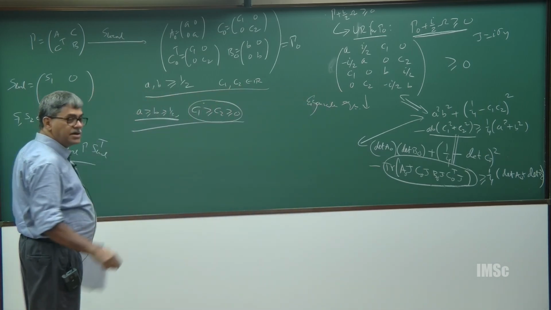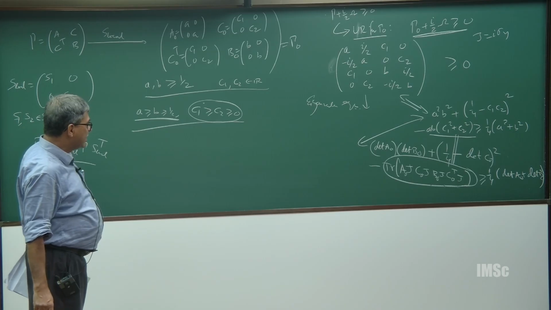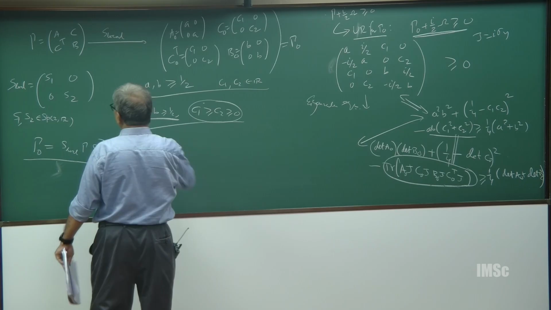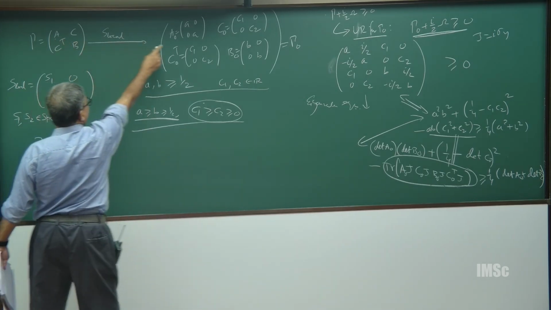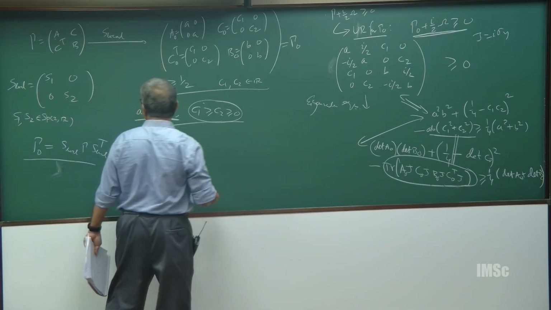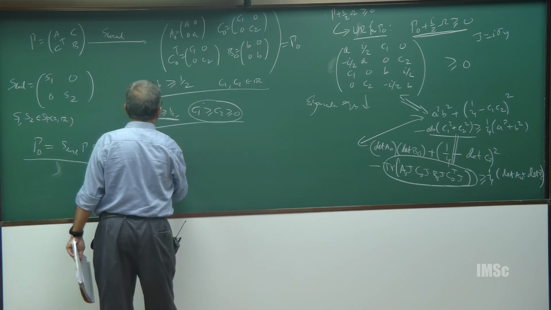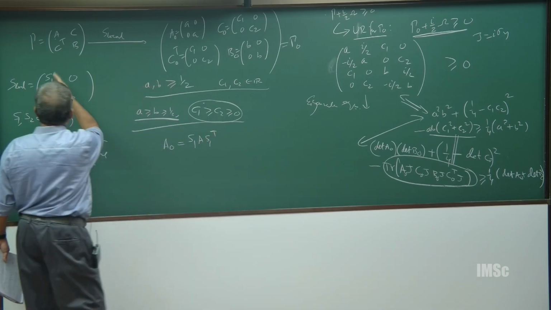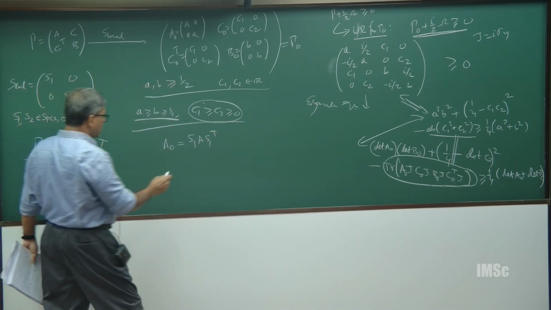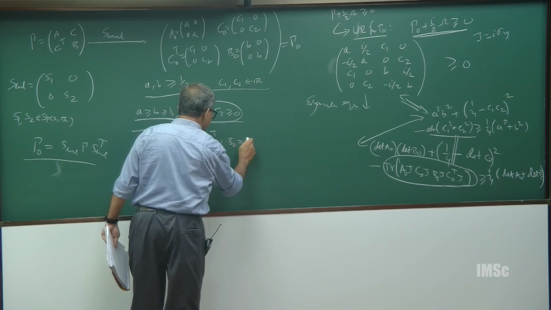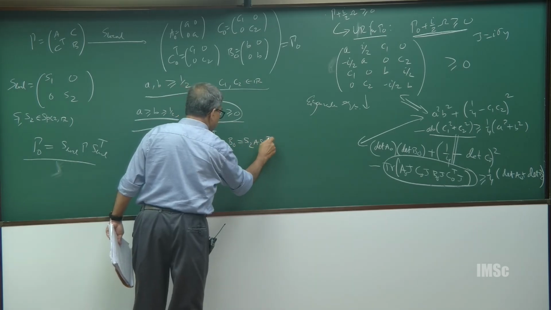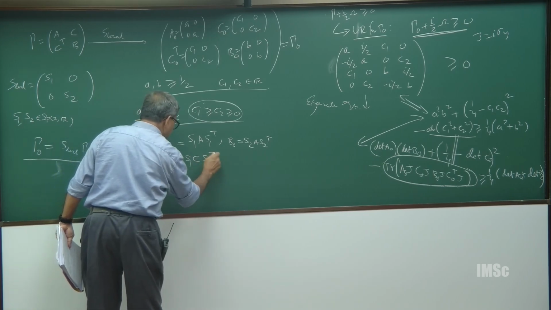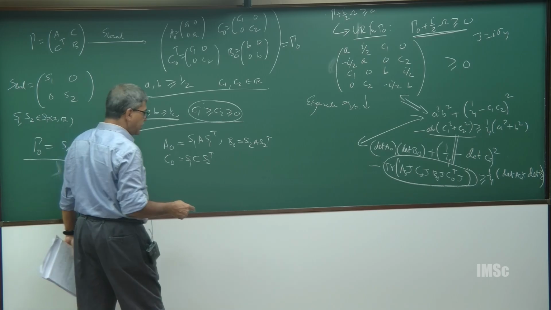And then we said that look, the original A and this A naught, how are they related? So, A naught is equal to S 1 A S 1 transpose, right. B naught is S 2 B S 2 transpose, C naught is S 1 C S 2 transpose, right.